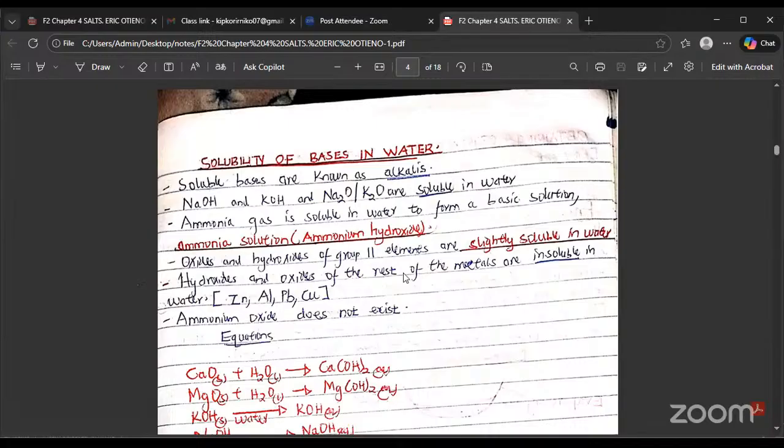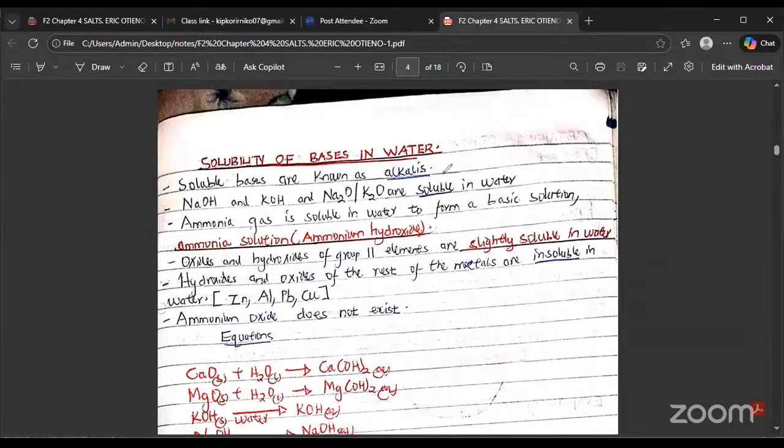So we have soluble bases are also known. There's a place I had mentioned alkaline solution. I don't know if you remember where I said alkaline. So basic solutions are also called alkalis or alkaline. So those ones, they normally come in there.